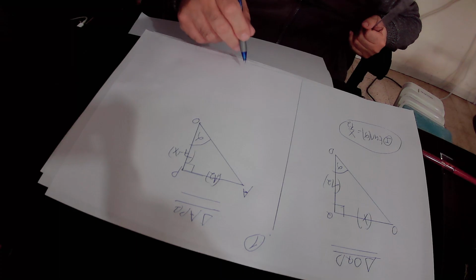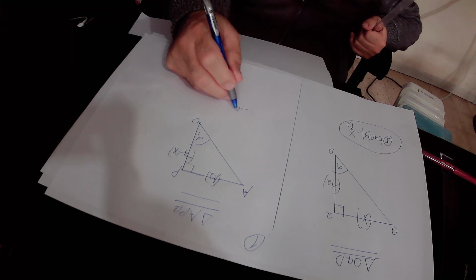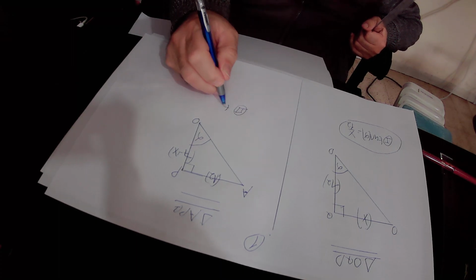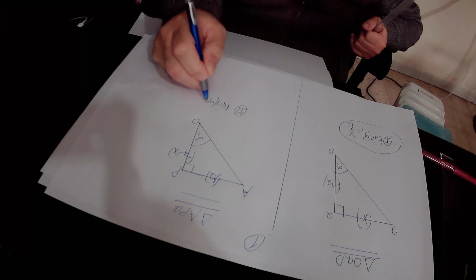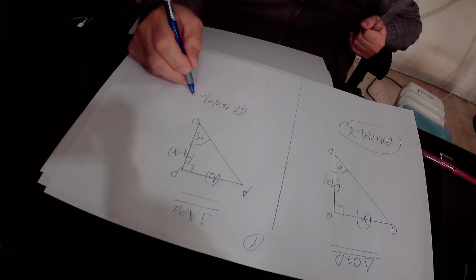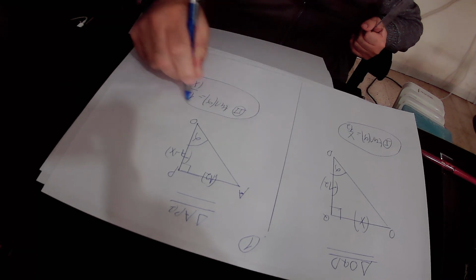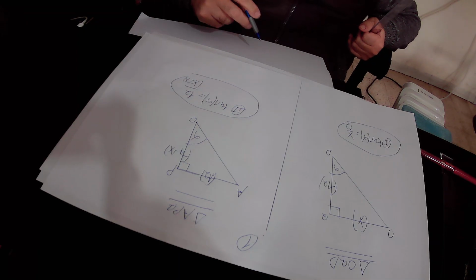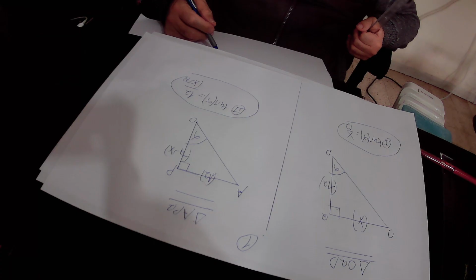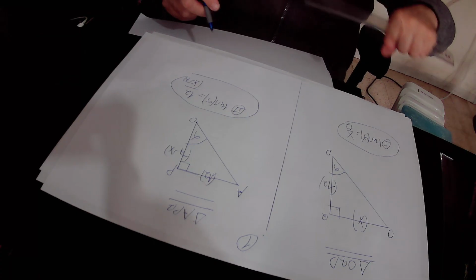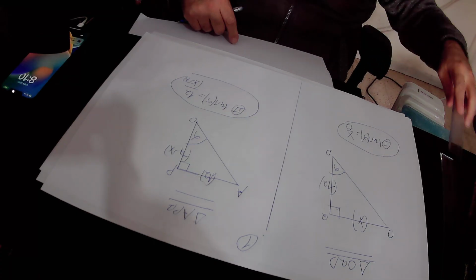In this right triangle APO we get that tangent alpha equals 12 over x plus 7. And again, in this right triangle APO, tangent alpha equals 12 over x plus 7. So we have two different expressions for tangent alpha.